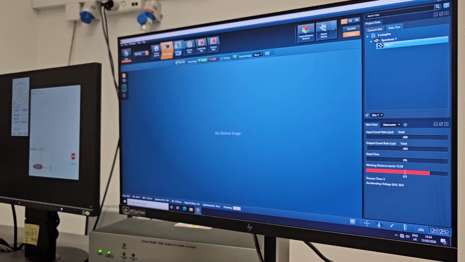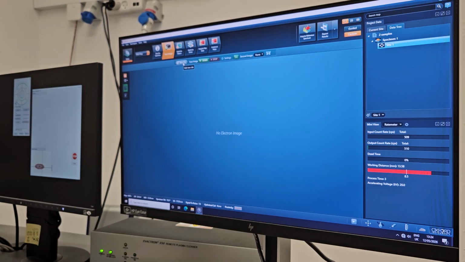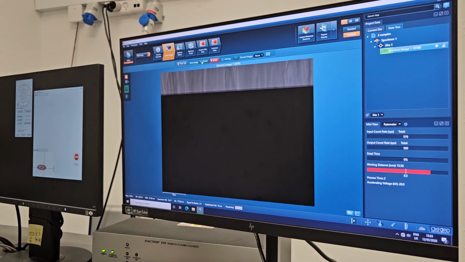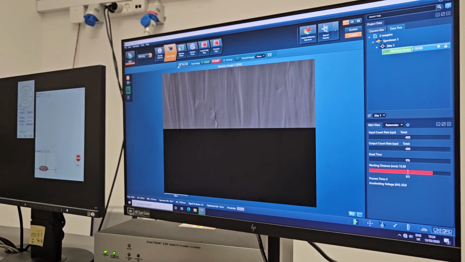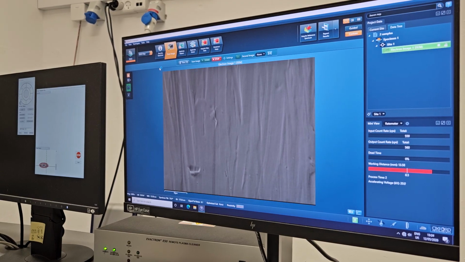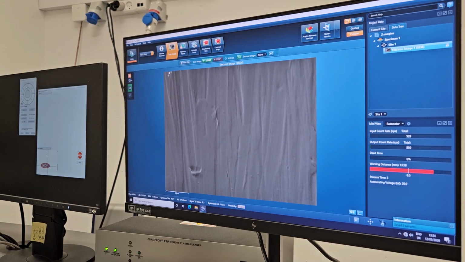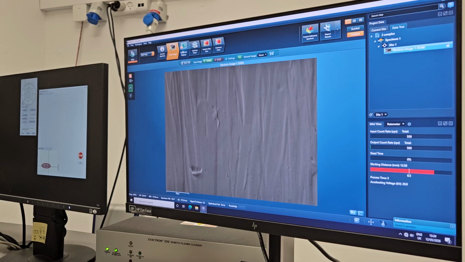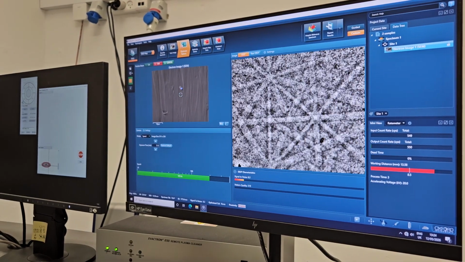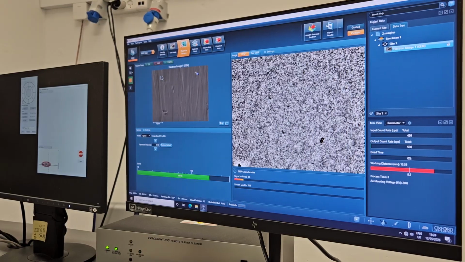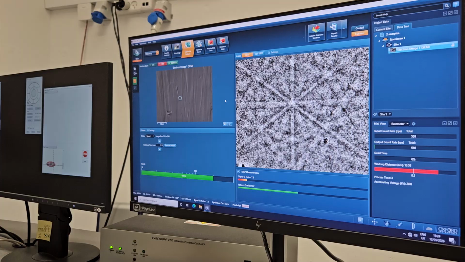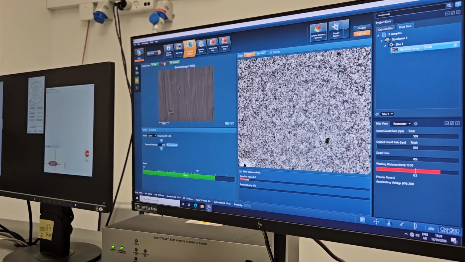So, scan image. Let's see whether we get any diffraction patterns. So the beam must be on. Wow. I didn't expect that. Seeing this quality, okay, it's actually surprising.